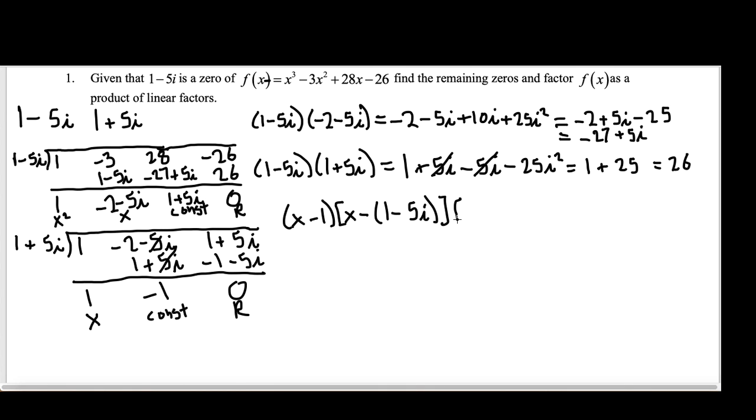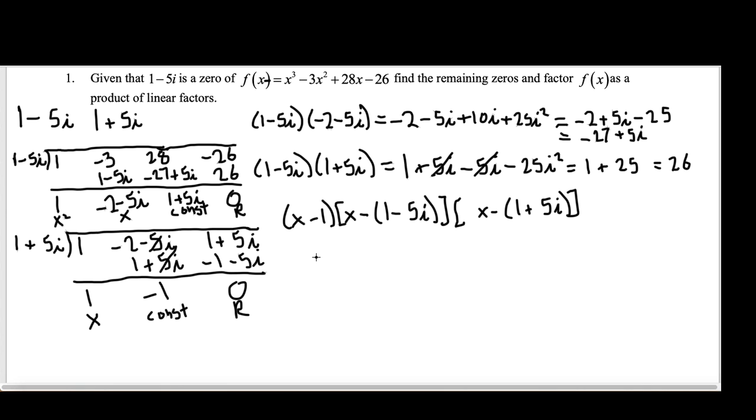And a third factor will be x minus 1 plus 5i. And apologies here, but this extra parentheses does not need to be there. There we go. Okay. So there is my polynomial written as the product of 3 linear factors.